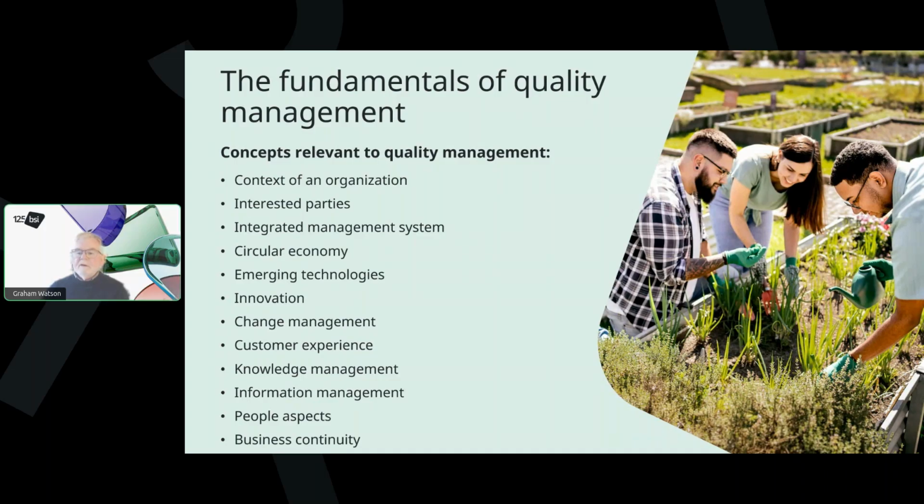So they are context of an organization, interested parties, integrated management system, circular economy, emerging technologies, innovation, change management, customer experience, knowledge management, information management, people aspects, and business continuity.